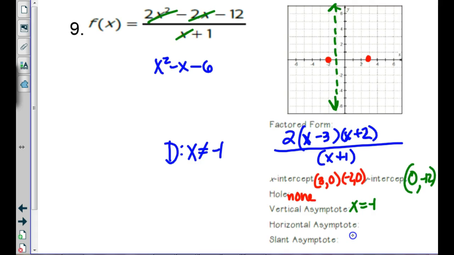All right. What about the weight of the top and bottom? Top heavy, which means we have to, right? So there's either a slant or some kind of end behavior equation. How do we find it?